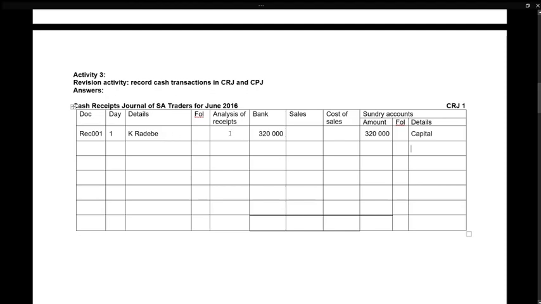Analysis of receipts is going to stay empty because it's a direct deposit. Whenever it's a direct deposit into our bank account, it will go straight to the bank column. Why did we receive the money? For capital, and that's why we put it in the sundry accounts. They did not provide a column here for capital. These are the accounts or transactions most often used in our business. Sundry accounts means other accounts, the ones not used that often. That's why we put them together here.